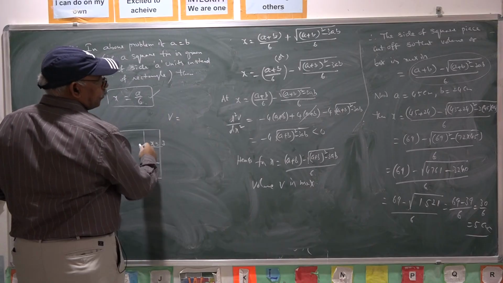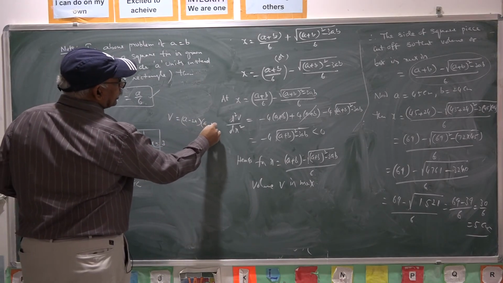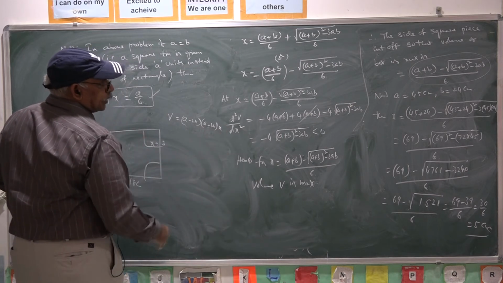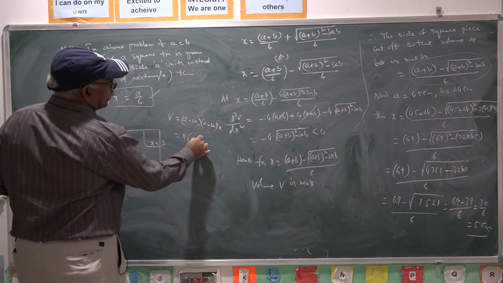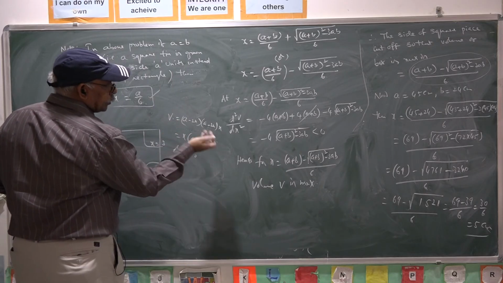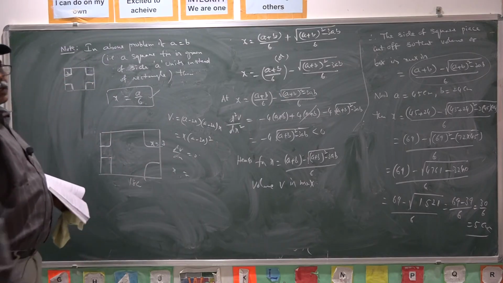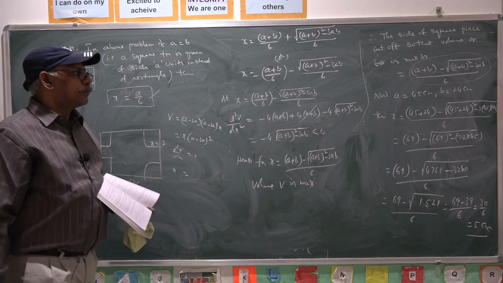In such case, the volume function becomes a minus 2x into again a minus 2x into x, replacing b with a. That gives us a into a minus 2x whole square. Now differentiating with respect to x and equating to 0, you get x. At that x value, find d square y by dx square, which is less than 0.